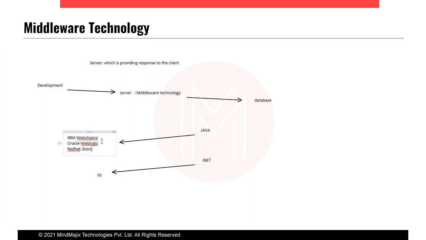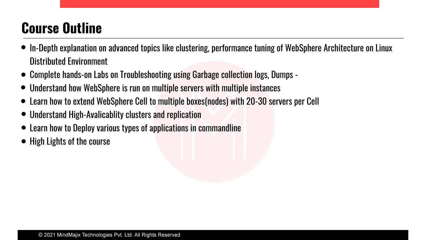Whatever platform the customer requires for hosting their applications, accordingly they can choose, and the organization can provide support to them. So now we understood what a server is and why we call it middleware. So this is the introduction about WebSphere.